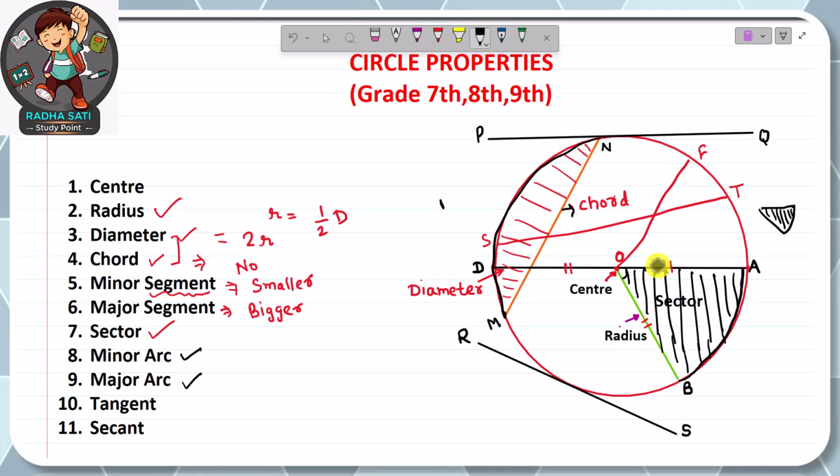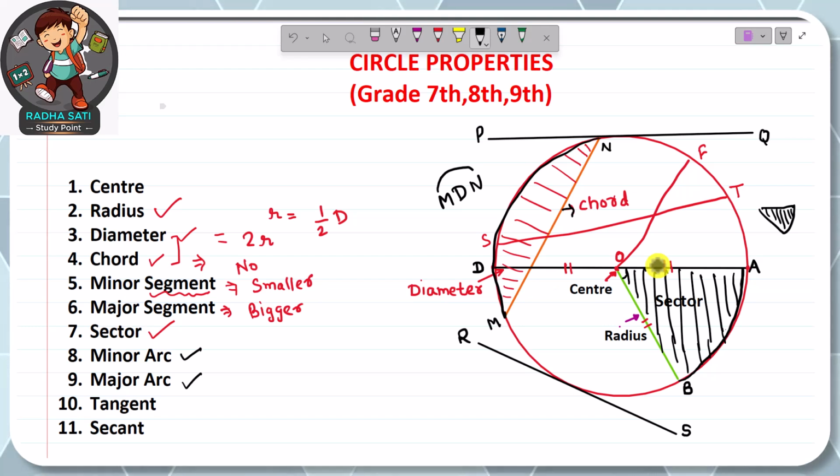We can name it anything, M, D, N, and this is a symbol that we use for arc. So this is our minor arc. Again, the smaller arc. This chord is dividing the circumference of a circle again in two parts. So this is minor arc, and this remaining one from N, if we move clockwise till M.